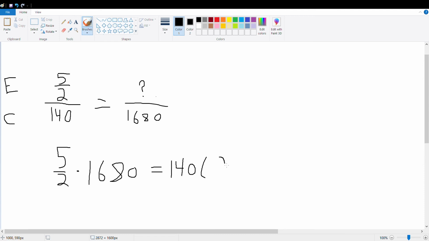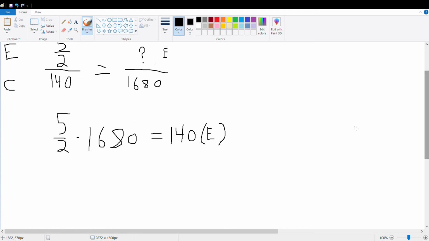times, remember anything beside a parentheses is times, the total number of eggs. We're just going to go ahead and replace this question mark here with an E so that we can throw a variable in down here so that we know that we can solve it. We're going to put E instead of X or Y or Z like we have done before, just so that we can keep in mind that we're looking for the number of eggs. So now we would run through our problems here. So we would times 5/2 times 1,680.